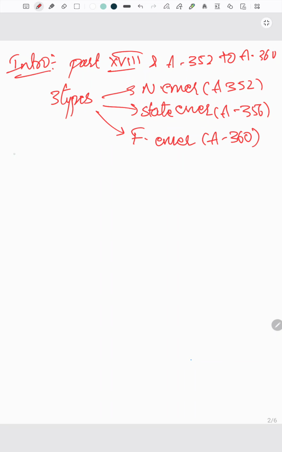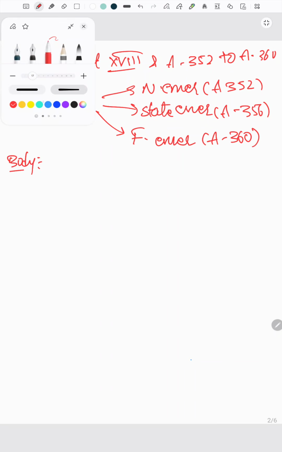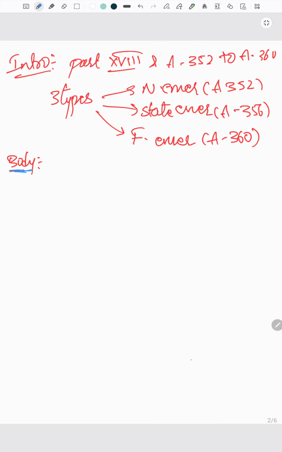Next, when it comes to our body, we'll use some other color so that you can understand the body well. As I told you, the impact can be positive or negative. Now let's focus on the negative impacts in terms of legislative powers between Parliament and state legislature.